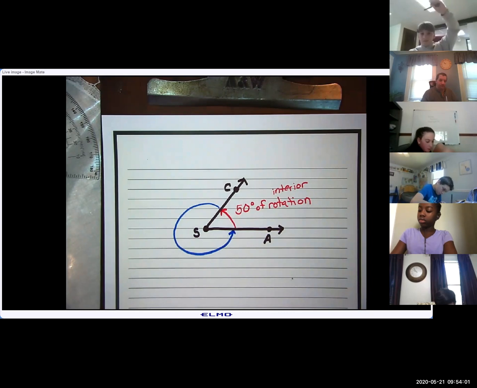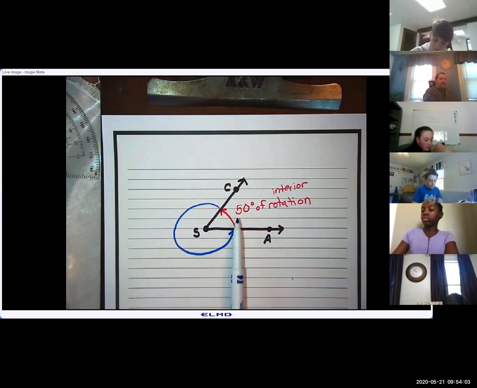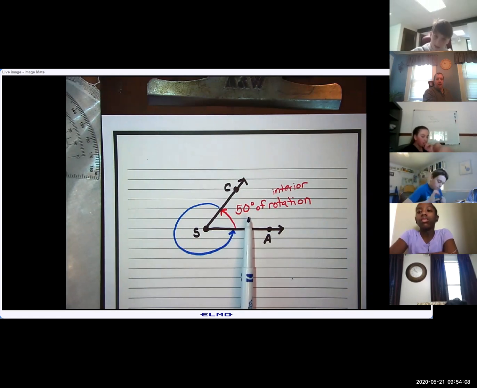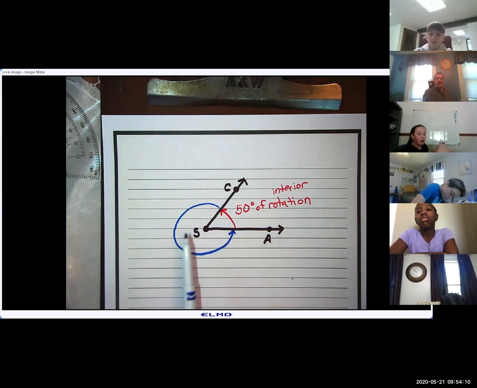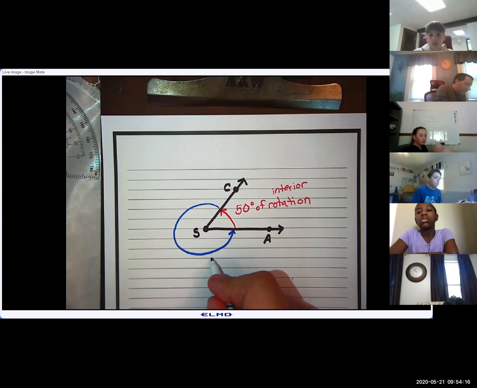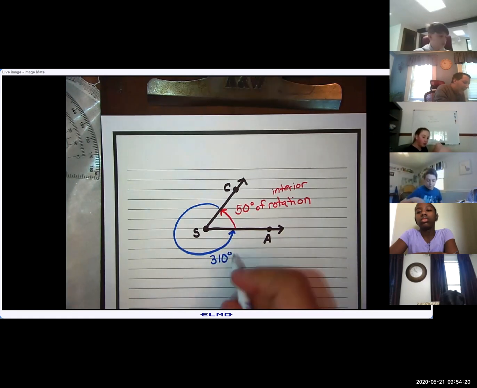Anyone? Jayla. If I have 50 degrees of internal rotation, how many degrees of external rotation are there? 310. A plus for Jayla today. How did you get that? I just subtracted 50 from 360. You're absolutely right.